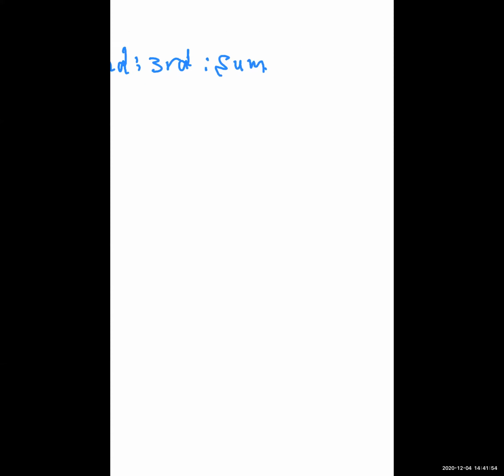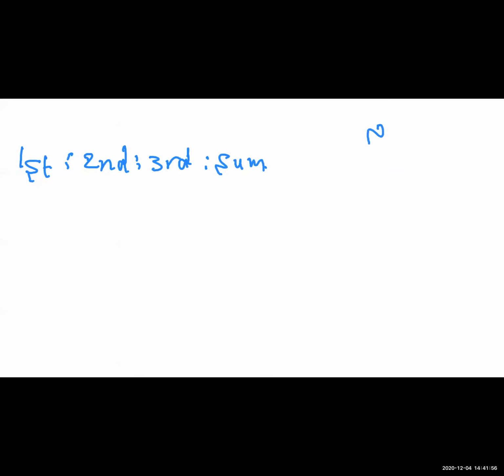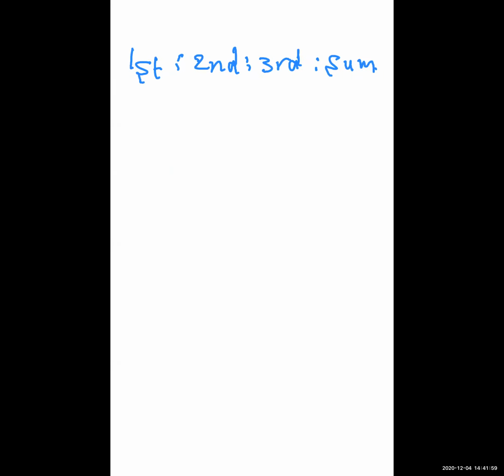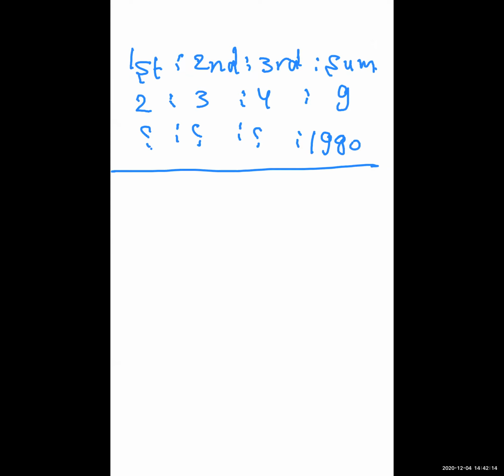It was 2 to 3 to 4, and then the sum was 9, and the amount of profit was 1,980. Then we said that we are going to use cross multiplication to get the share of each one.